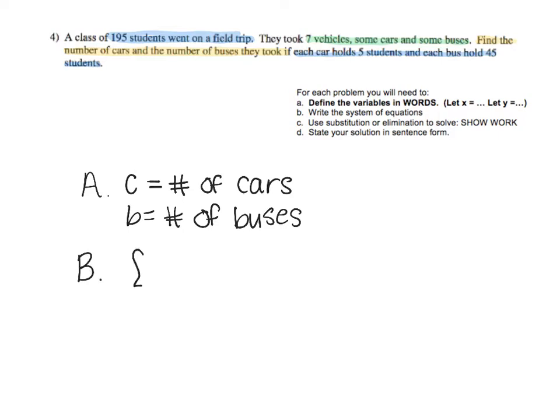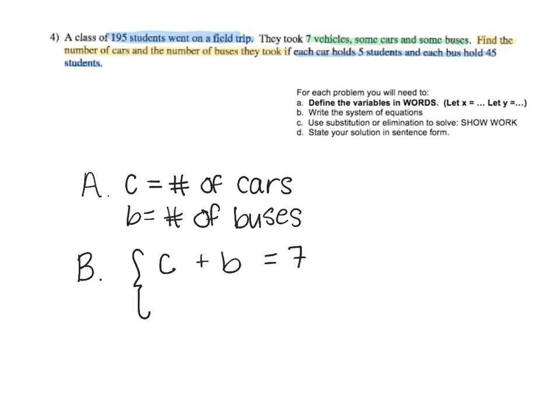If I look at the relationship highlighted in green, it says they took 7 vehicles, some cars, some buses. So I know the total is 7 vehicles. So I have a certain number of cars plus a certain number of buses. So C plus B equals 7. Now I need to look at the relationship highlighted in blue.